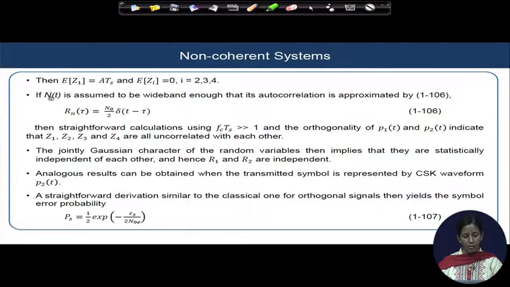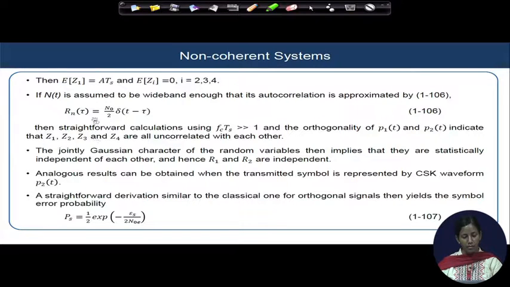If N(t) is assumed to be wideband enough and its autocorrelation function is approximated by this, we have seen it earlier when we first discussed the DSSS receiver architecture.